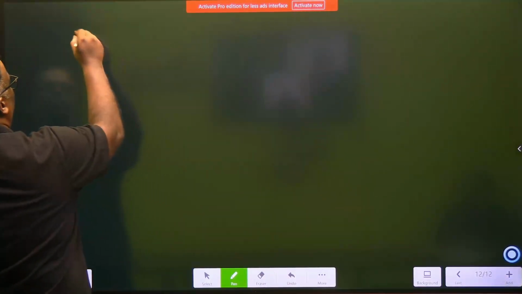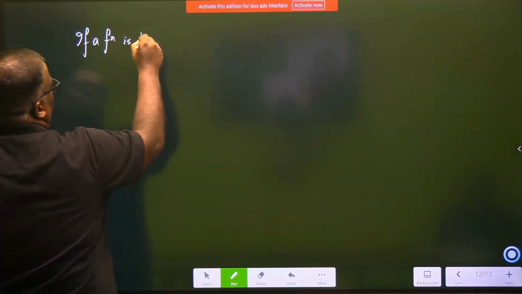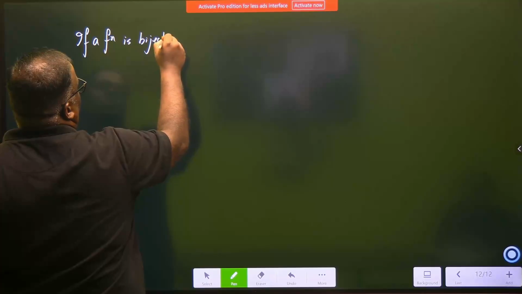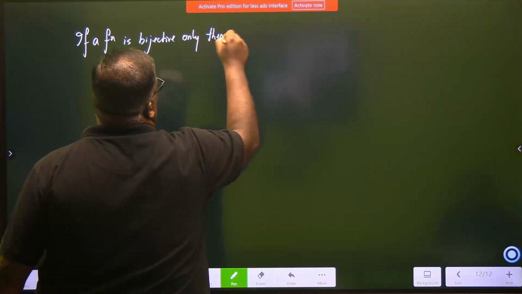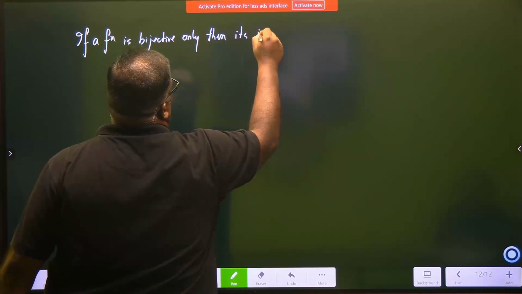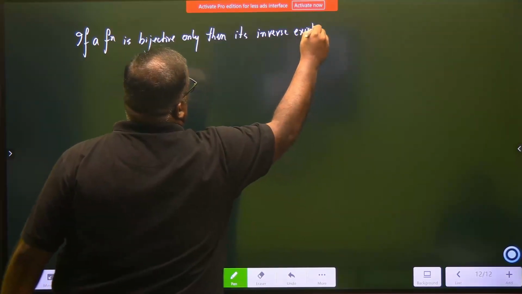The next page I'm saying, if a function is bijective, only then its inverse exists. Wow.